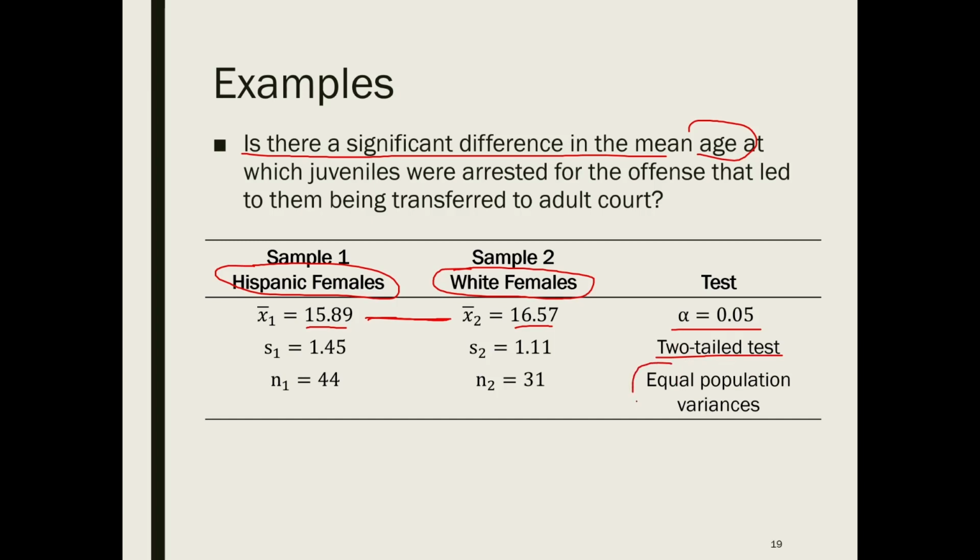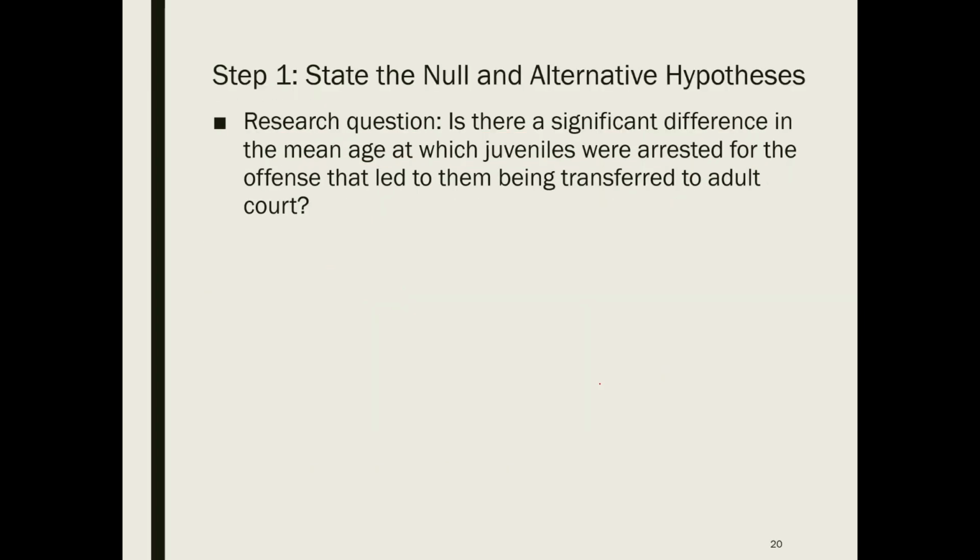Most questions in the textbook may ask you to calculate by hand, and they will tell you whether equal or unequal population variances are assumed. Here, equal population variances are assumed. So what we are doing here is a two-tailed independent sample t-test with equal population variances assumed.